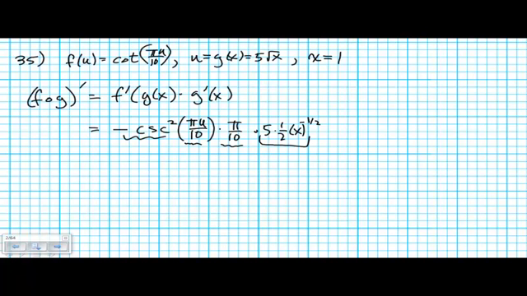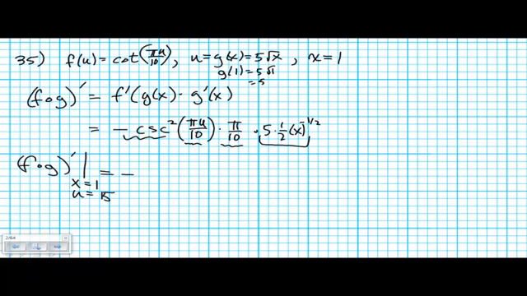So after we got all to there, now I can ask the question, what is the derivative of this when x equals 1? Oh wait, I got to ask the other question. When x is equal to 1, what's u equal to? G of 1 is equal to 5 times root 1, which is equal to 5. So this is saying, what is this value when x is 1 and u is 5?